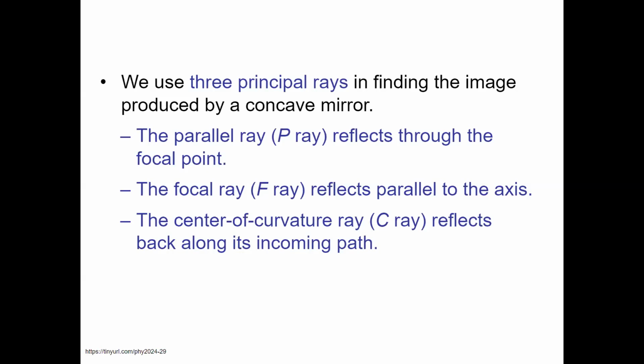The focal ray, the ray that goes through the focal point, will reflect parallel to the principal axis. And the center of curvature ray will reflect back along its incoming path, because if the ray goes through the center of curvature when it hits the mirror, then it's along the normal direction.